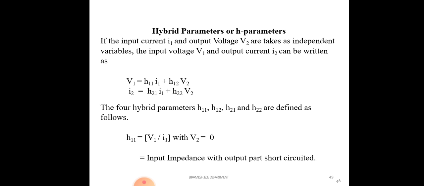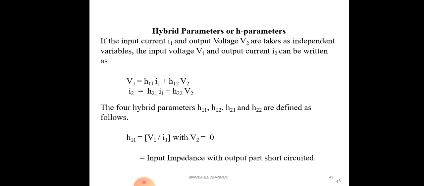When you want h11, we have to make V2 constant. We can draw the h parameter values from the configuration also. When you are seeing the input characteristics, we are making the output voltage constant, right?